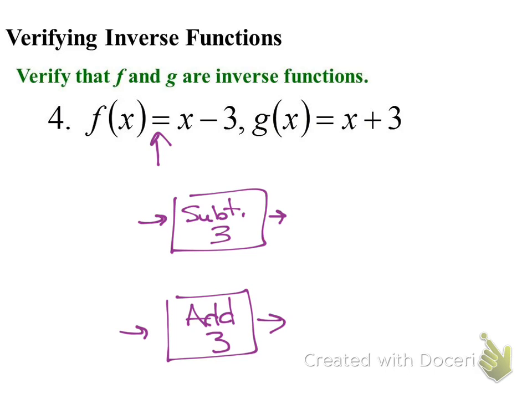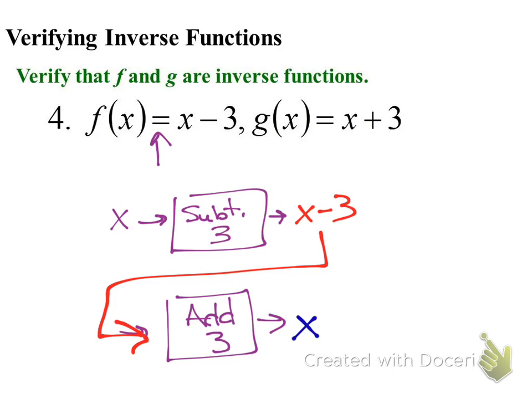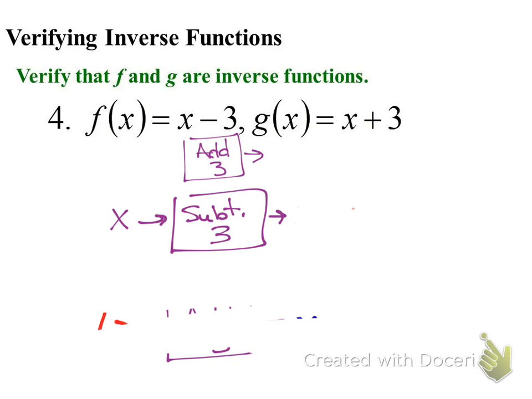What we're going to do is, if we start with x, will we finish with x? So, x subtract 3, we get x minus 3 in the middle, but I'm going to plug that now into the inverse. If you add 3 to that, you do end up with x. What happens if I reverse that order?